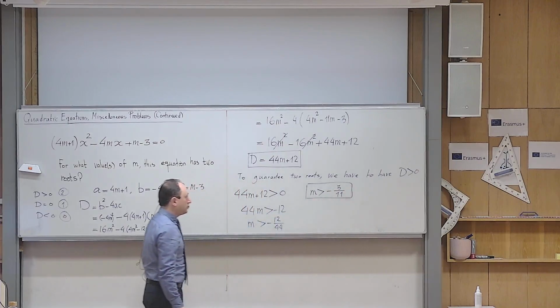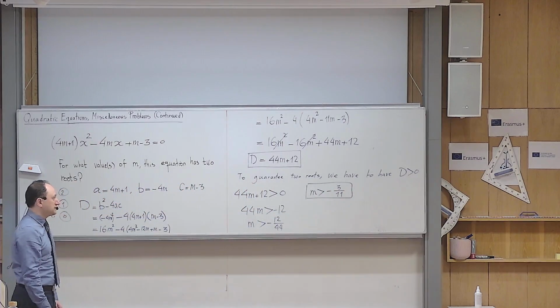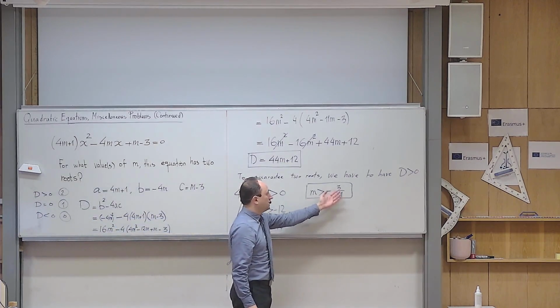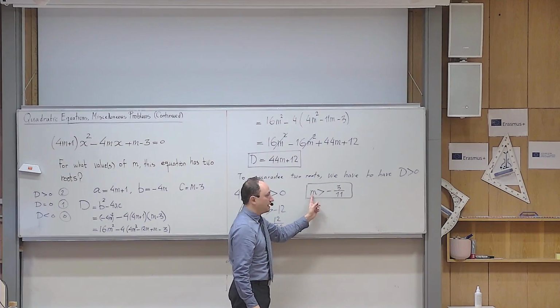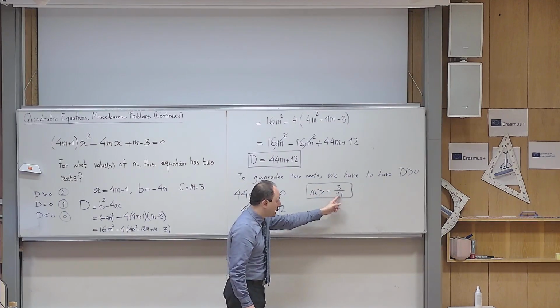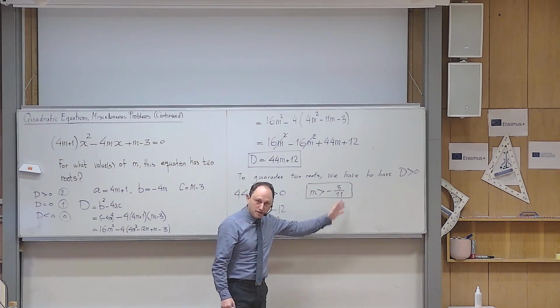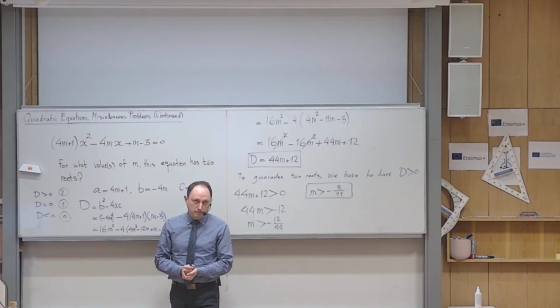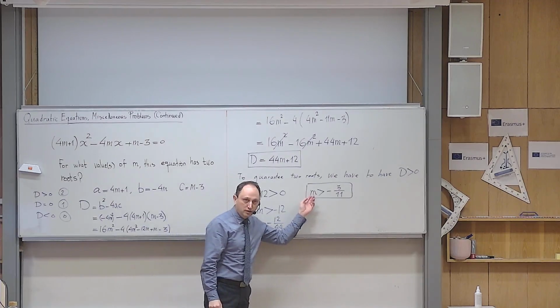If I ask you, can you explain in English what we have done? You will say yes. If I choose a number m greater than this very particular value, I don't care what that is, this is a number, I choose m greater than that number, whatever it is, I put it there, there are two solutions for it. And how many m's are there?